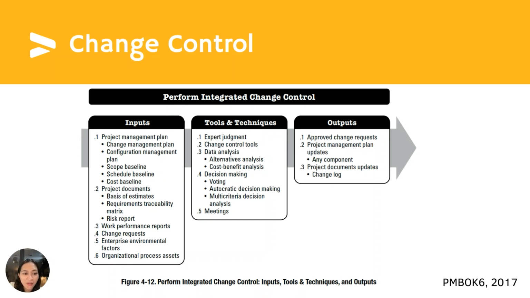And we also have scope baseline, schedule baseline, and cost baseline. As I have also discussed previously, we have already baselined, assuming that we have already baselined, right? Because we are already in the planning stage. So you already know your scope, your schedule, your timeline, and you already know the cost. So these are the inputs that you are considering.